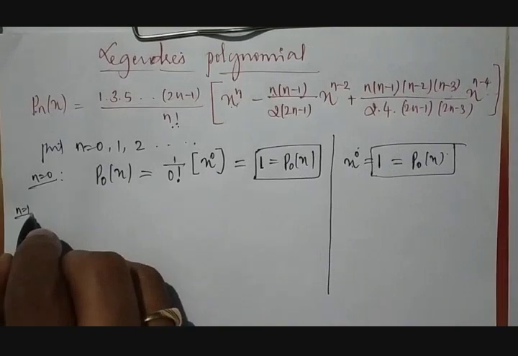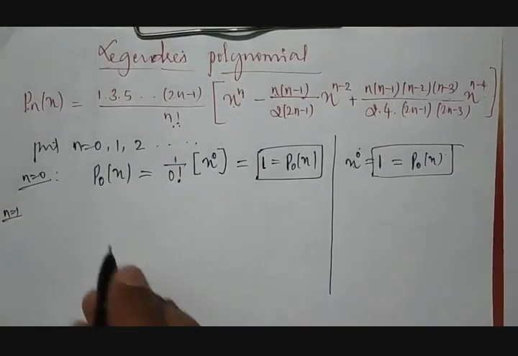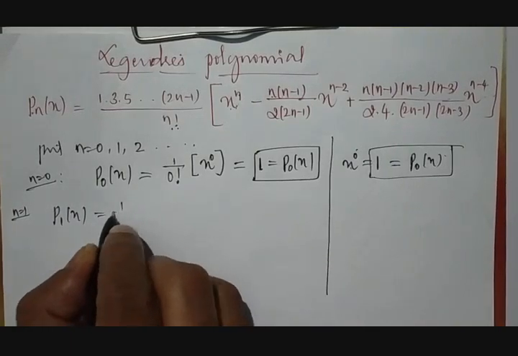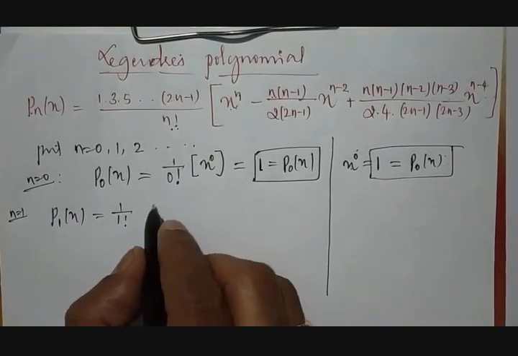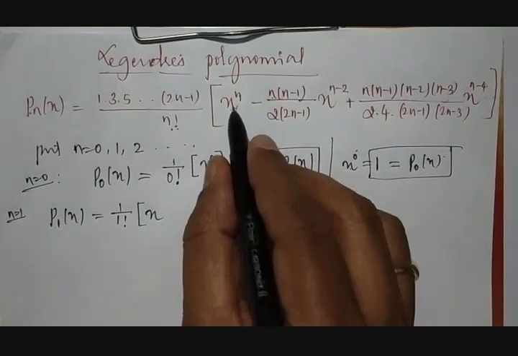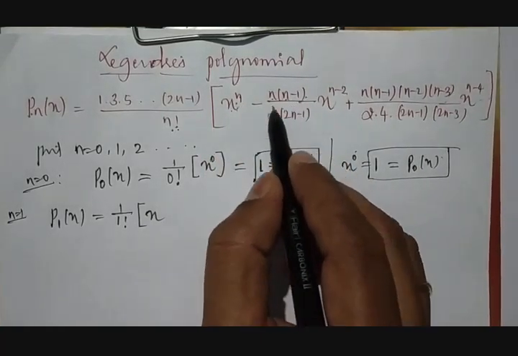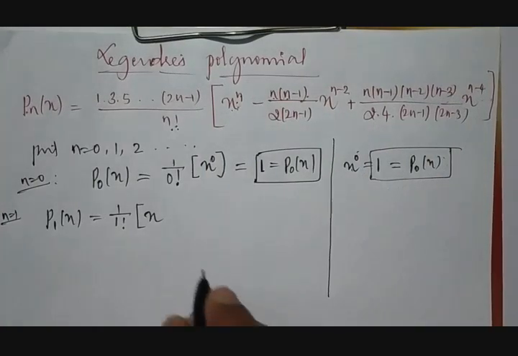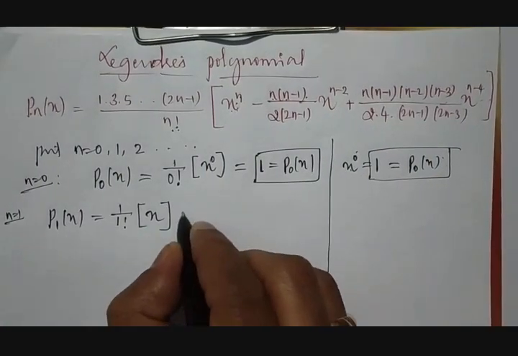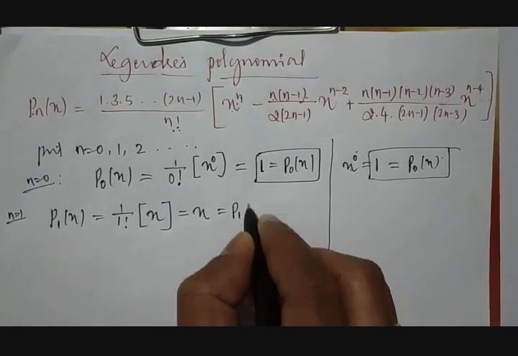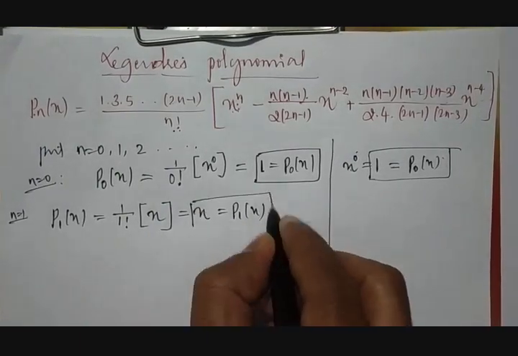Similarly, if you put n equal to 1 in this case, then we will be getting p1 of x is equal to 1 divided by 1 factorial into x raised to 1. Then again n minus 1, so 1 minus 1 will be 0. So this other term becomes 0. Therefore, this is equal to x. p1 of x is equal to x.